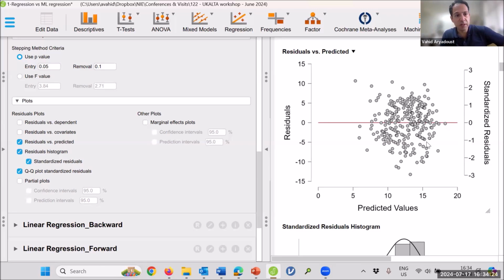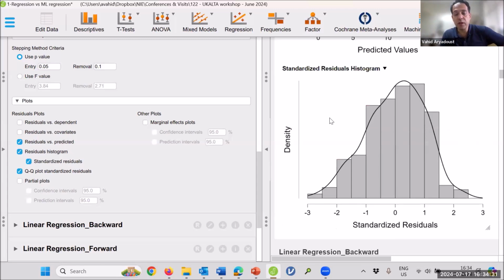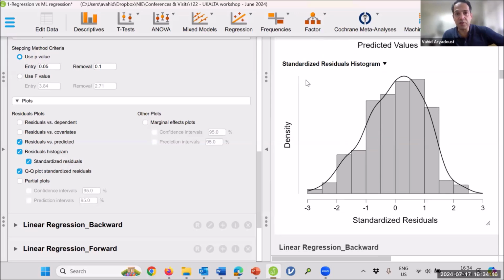So far, so good. And if you like, you can also look at the second assumption, just to figure out whether the errors or residuals, recall that the two terms are used interchangeably, are normally distributed. I don't want to get into the discussion of normal distribution, because it's basically a given in this workshop.